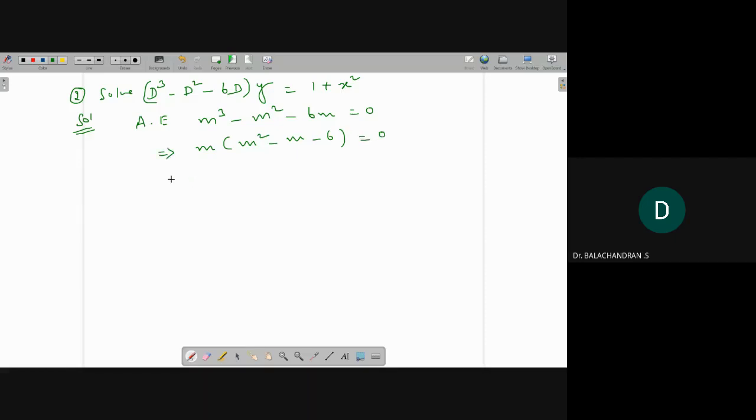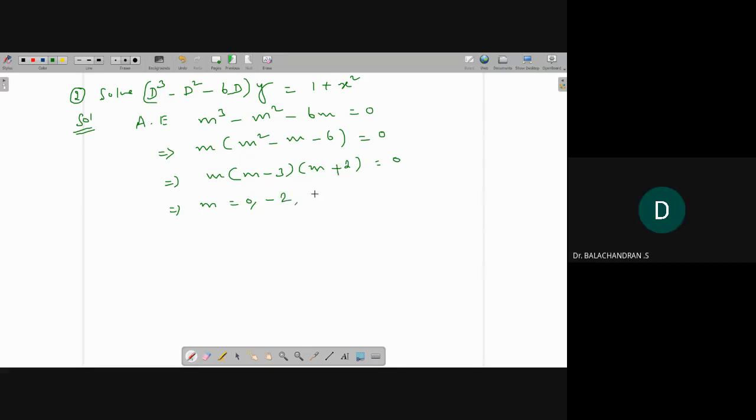So this implies m into m minus 3 into m plus 2 equal to 0. So this implies m equal to 0, 3, and minus 2.